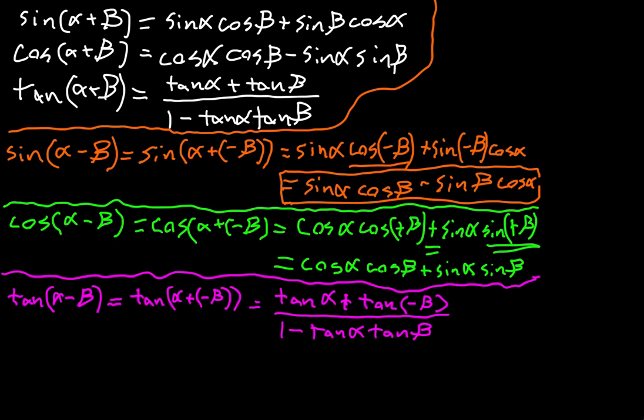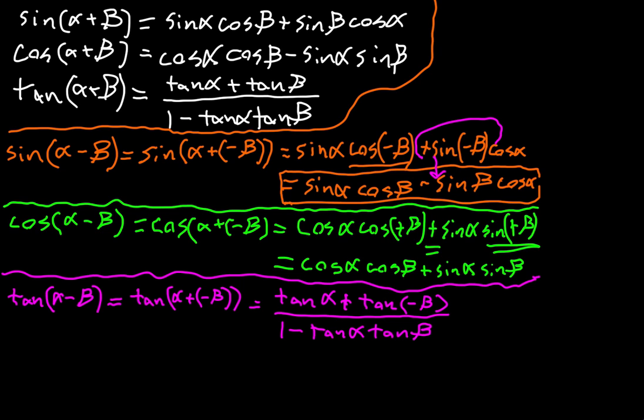All right, now we have to think about even and odd functions again. Basically, whether if we plug a negative value in, it's going to stay the same or switch signs. So as we know with the function sine, when you plug in a negative value, that's the same as taking the negative function of the positive version of that value. So sine of negative b is the same as negative sine of b, right? We saw that up here.